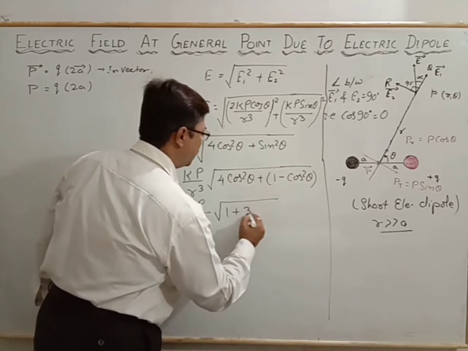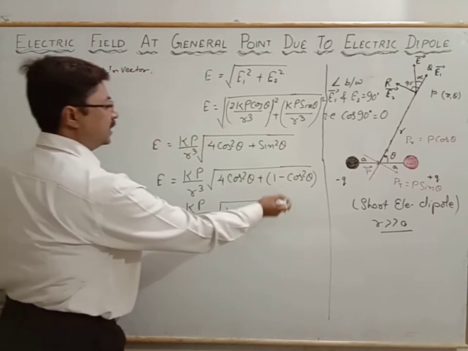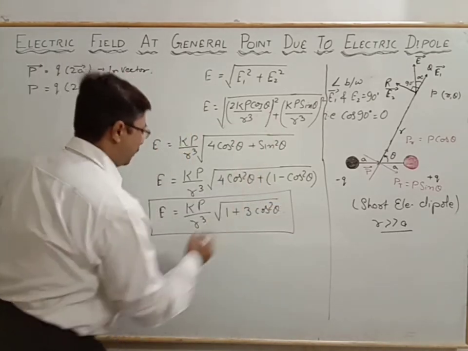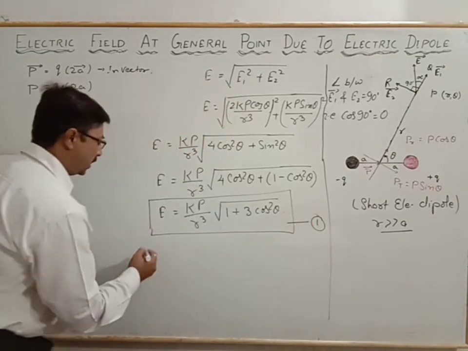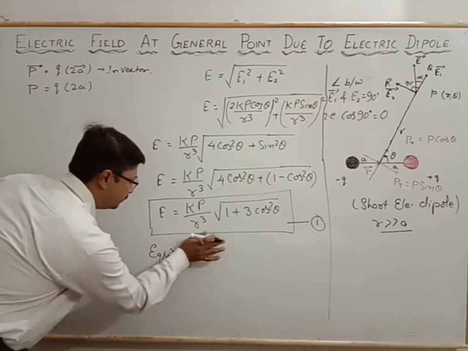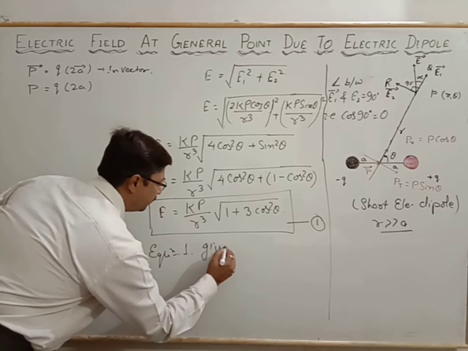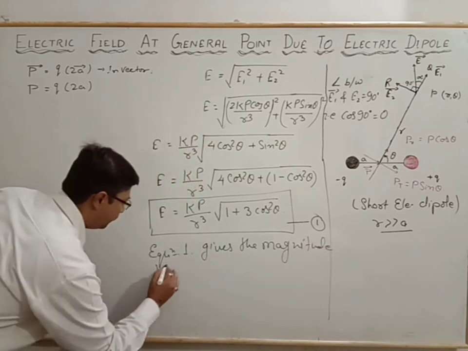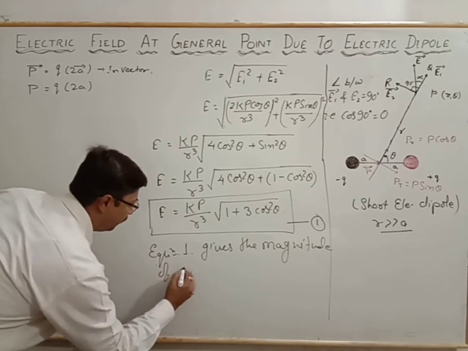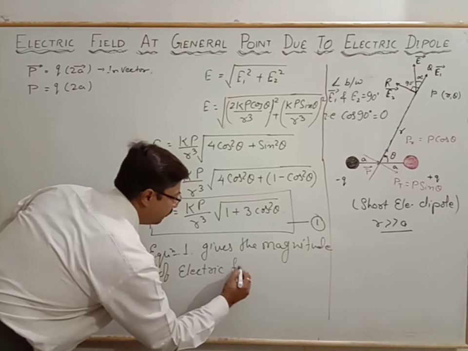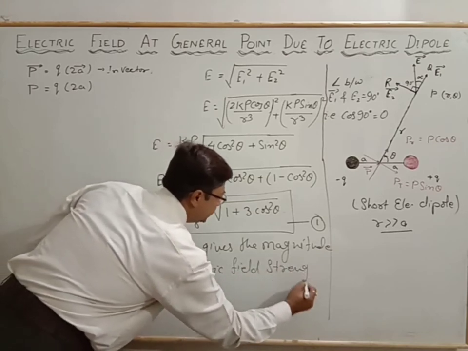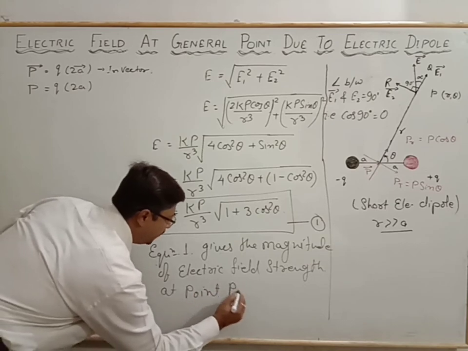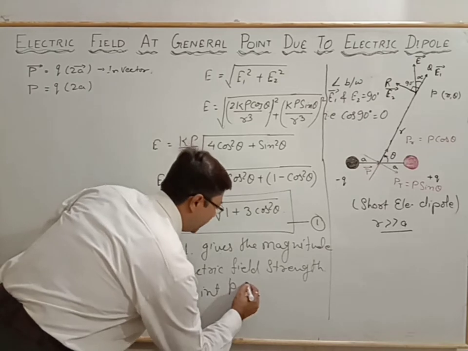Either you write 1 plus 3 cos square theta or 3 cos square theta plus 1, all the same; it gives the magnitude of the electric field at point P. This is equation 1, which gives the magnitude of electric field strength at the general point P.